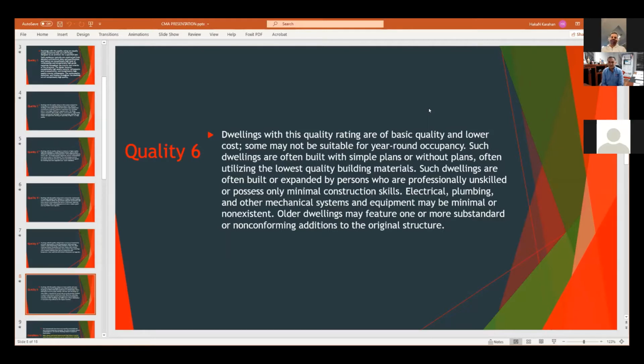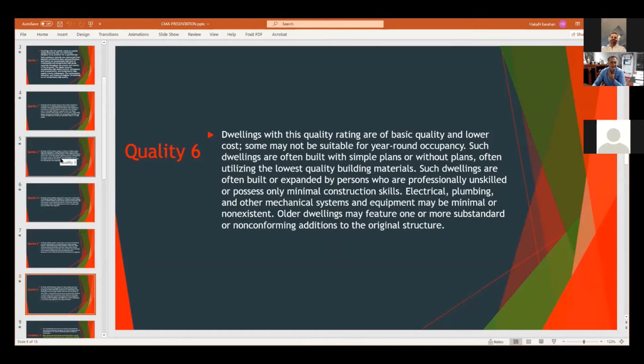Electrical, plumbing, and other mechanical systems and equipment may be minimal or non-existent. Other dwellings may feature one or more substandard or non-conforming additions to the original structure. So you can think of a bank-owned property that is in awful condition. The copper is missing, the HVAC is all rusted out. It's pretty much the worst quality of any property that you can see.